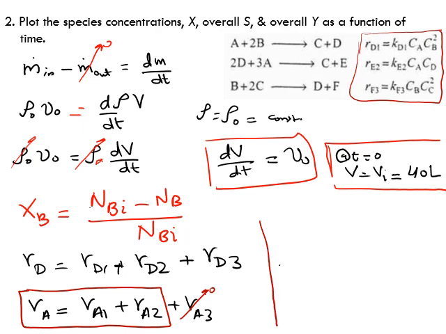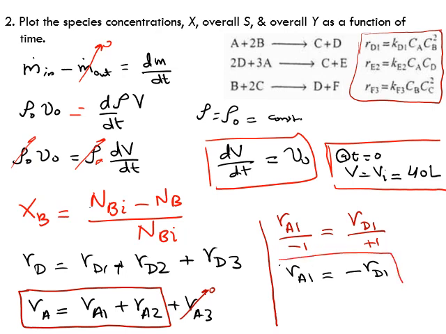Well, simply we write RA1 divided by minus 1 equals RD1 divided by plus 1, right? So this gives us an equation for RA1: RA1 equals minus RD1. And then, of course, we'll need to frame this as well.